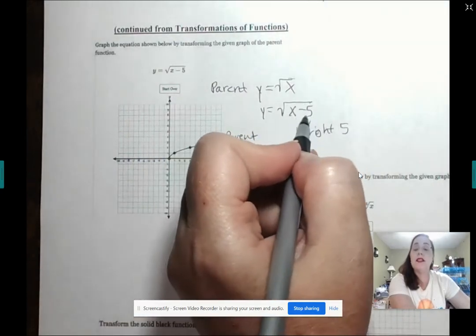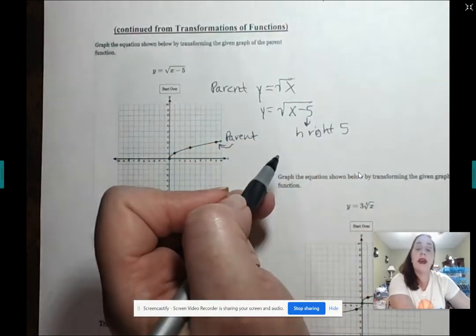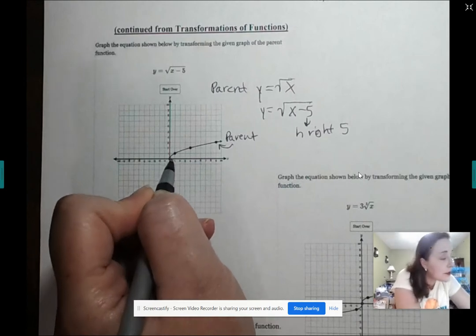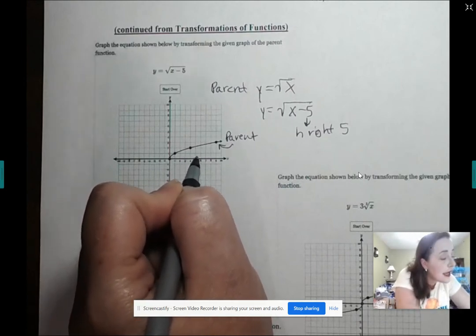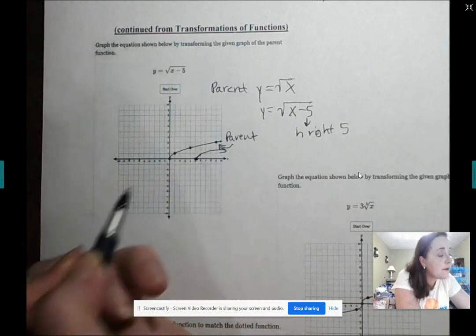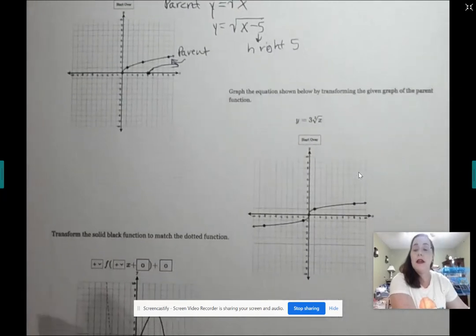And it's the opposite sign. So when I see a minus, I want to think left, but because it's inside the square root with x, I'm actually moving it right. So you're going to take this and you will have the option to shift it. And that's the only change that happened here, was that it was shifted. So you'll just shift the whole thing to the right 5.